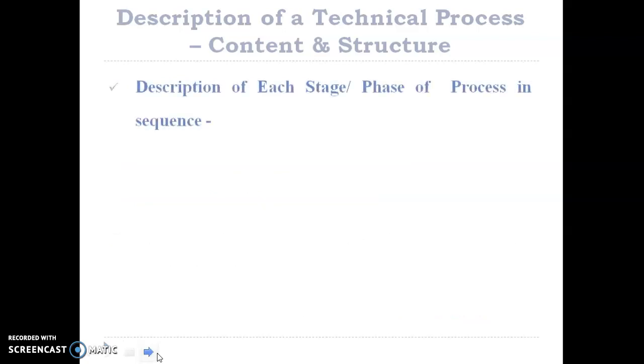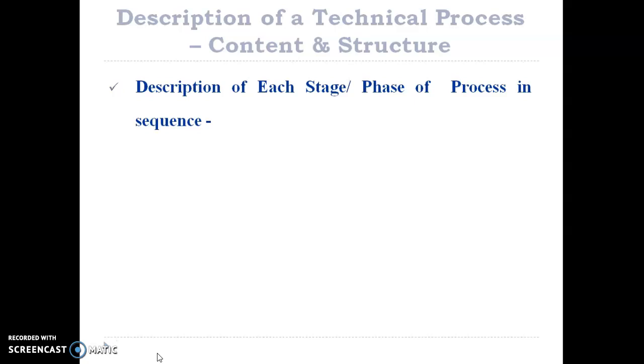The third section of a technical process description is a description of each stage or phase of the process in sequence. So now you have listed all the stages here. You're going to describe each stage or phase of the process in sequence.